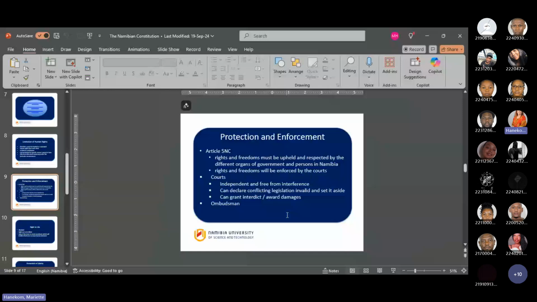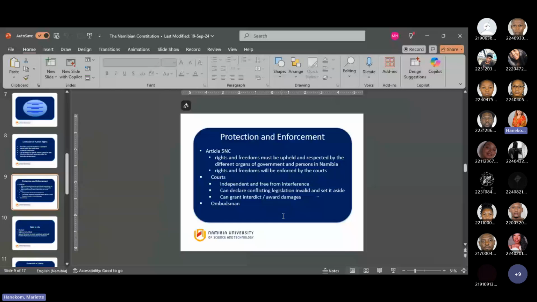If there's a direct, ongoing infringement of human rights, courts also have the power to grant an interdict. An interdict is a court order stopping something immediately, and courts can also award compensation, can award damages.